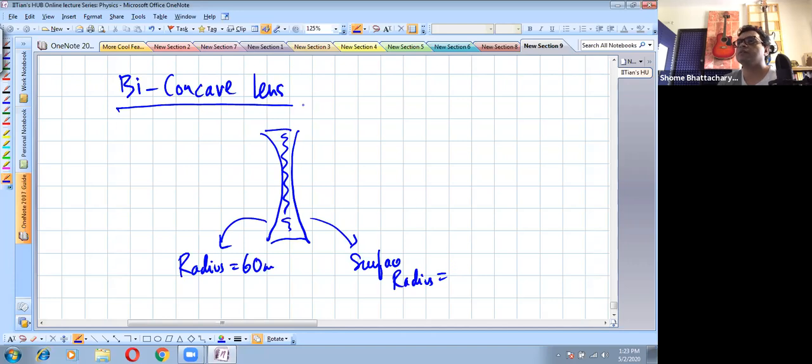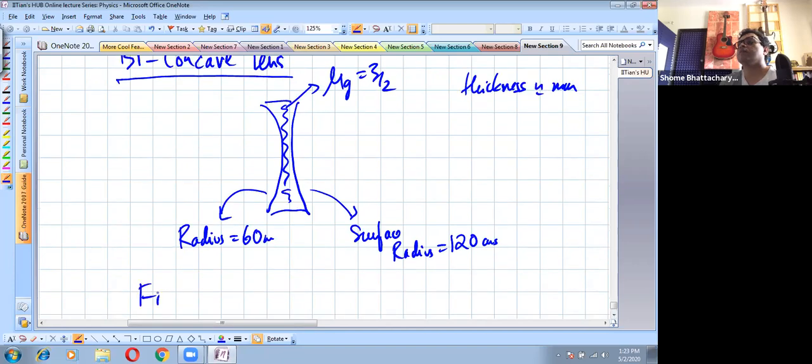So let's take, this one is appearing larger, so let's take 120 centimeters. And refractive index of glass again, and the thickness is focal length.